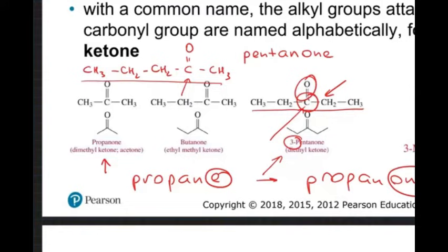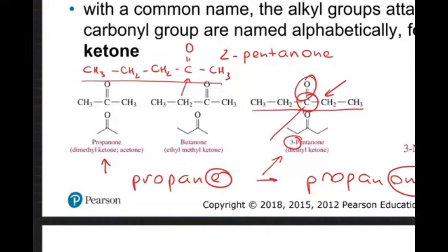It's not left to right. The molecules don't have left and right. Remember, you always have to have the smallest number. So if it's not 4, then what? Which number? 2. You just have to count from the other side, and it's going to be 2-pentanone. Okay? Make sense?